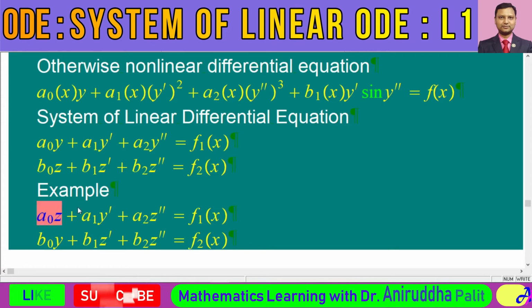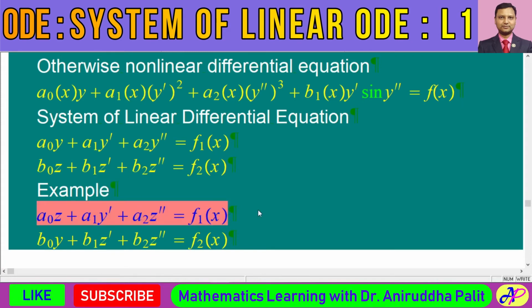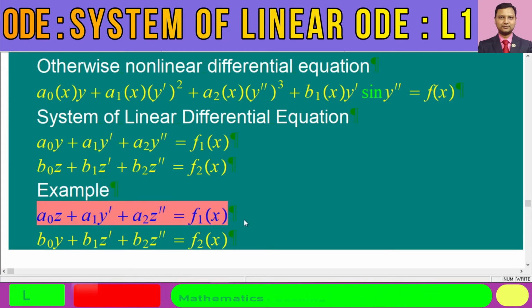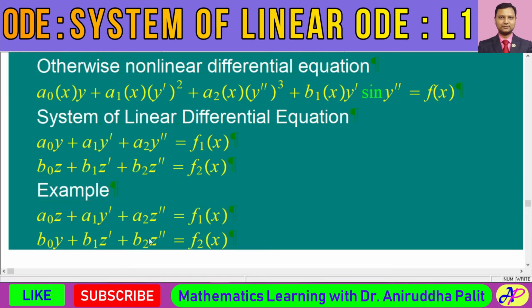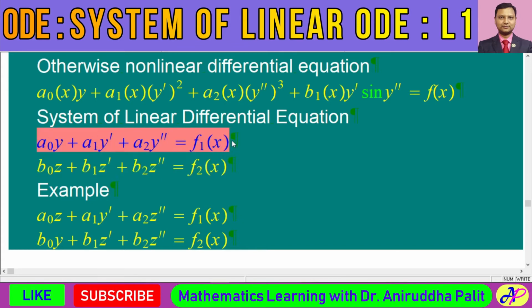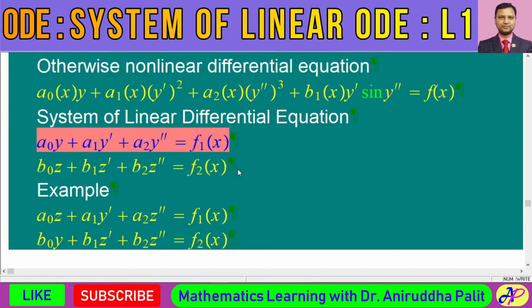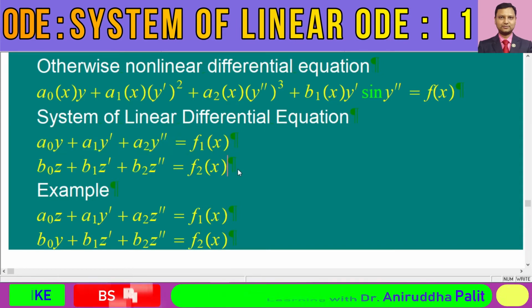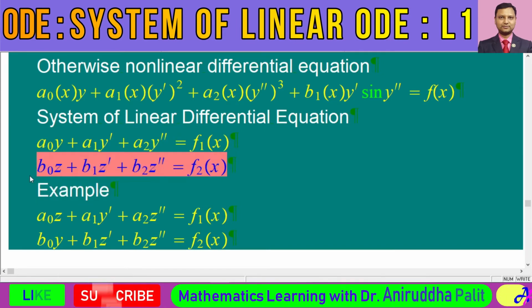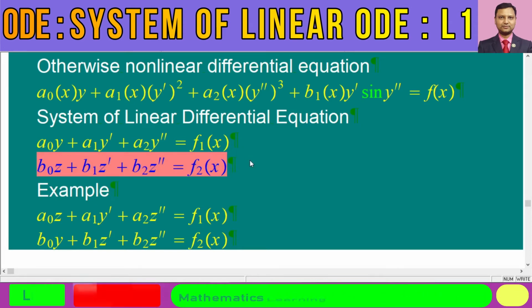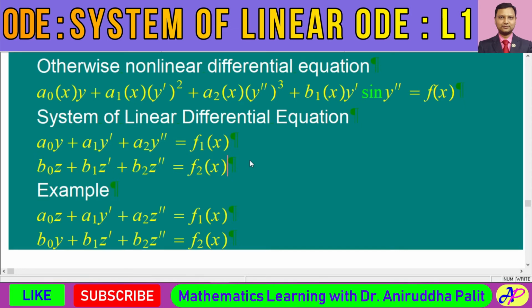So these are called coupled systems of linear differential equations. Coupled means y and z are mixed. In the previous example, the first equation was purely an equation involving a single dependent variable y, and the second was an equation involving a single dependent variable z.